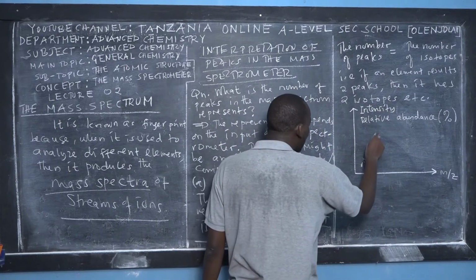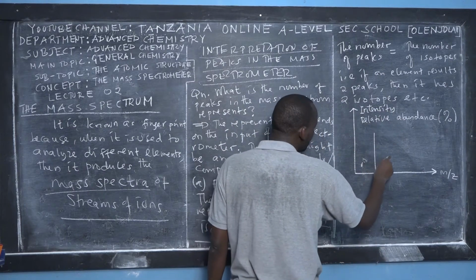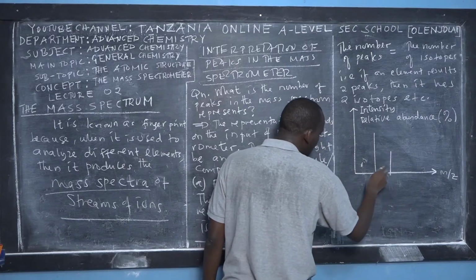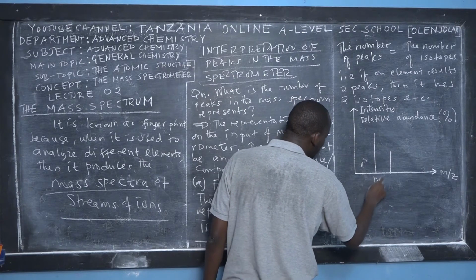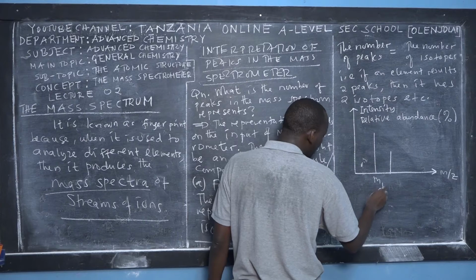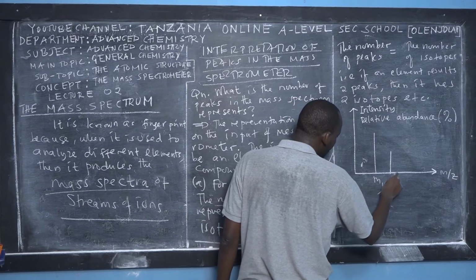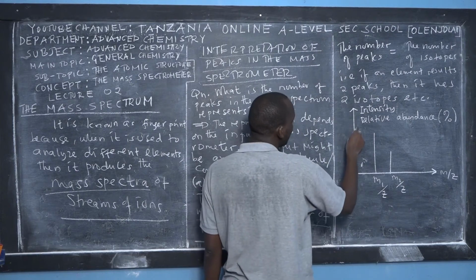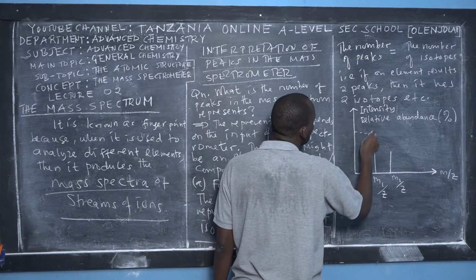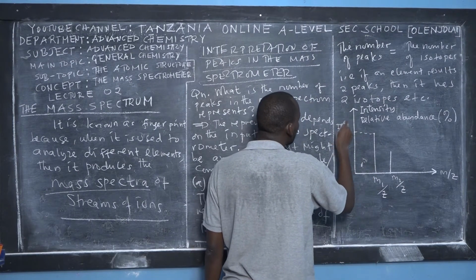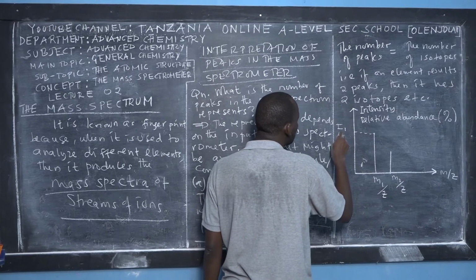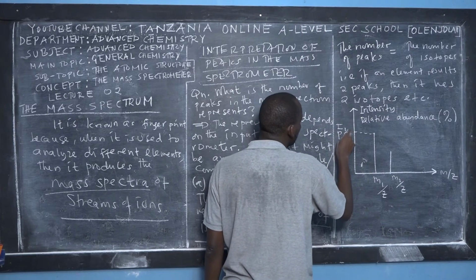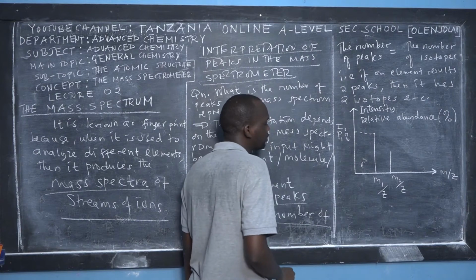So for example, if an element has 2 peaks, this is the way we present it. Here we have mass to charge ratio 1 and mass to charge ratio 2. In the y-axis we have intensity 1, or relative abundance 1.